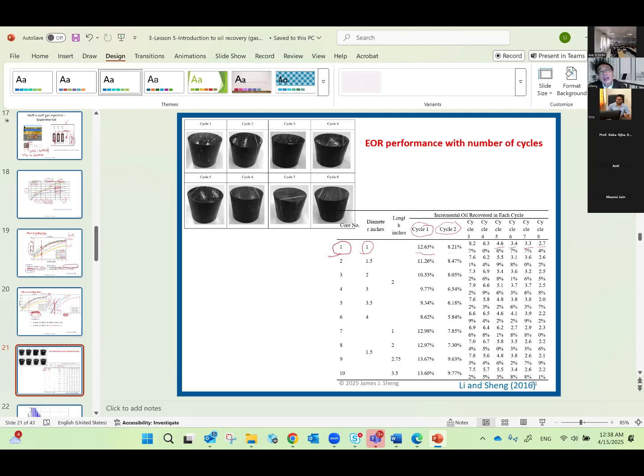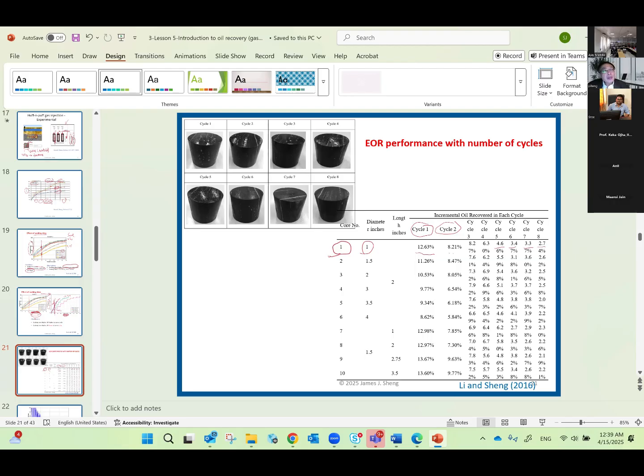So what do you see? At later cycles, oil recovery is lower than at early cycles. That makes sense, right? Because initially you have more oil, it's easier to produce. But later on, there is not much oil left, so when you inject gas, it is more difficult to bring oil back.